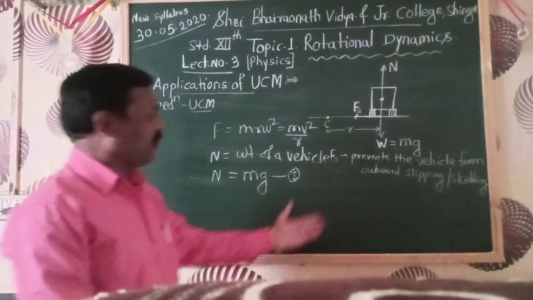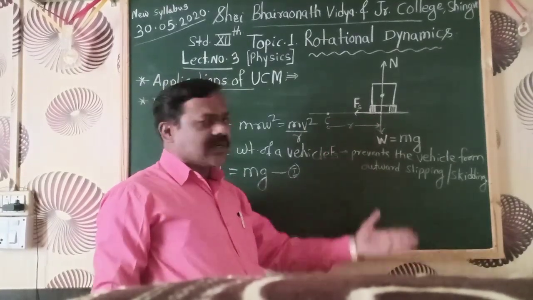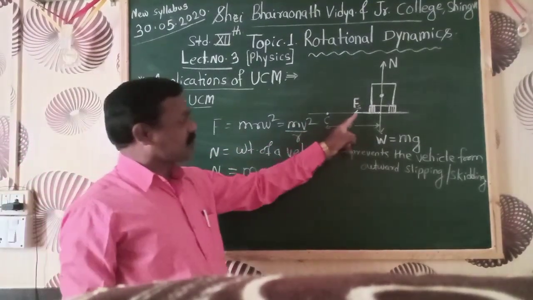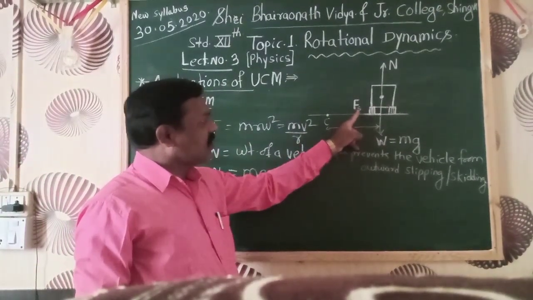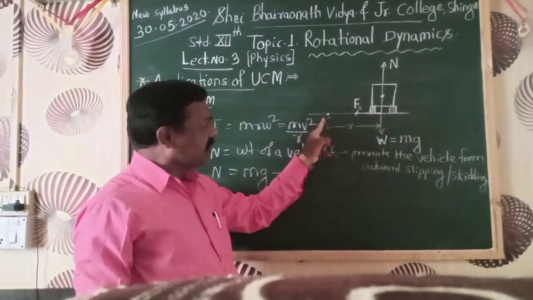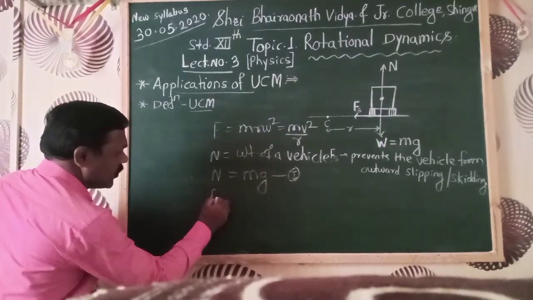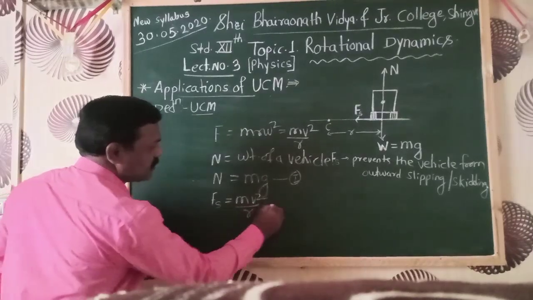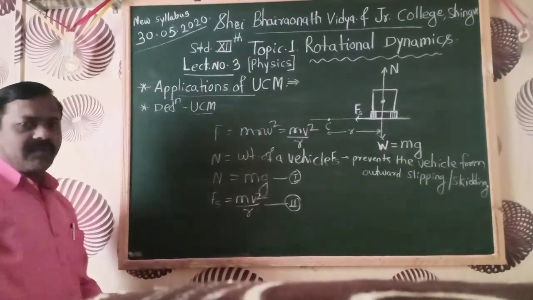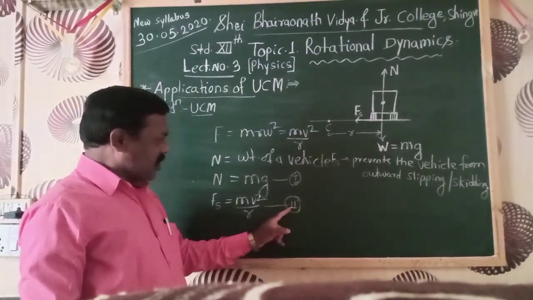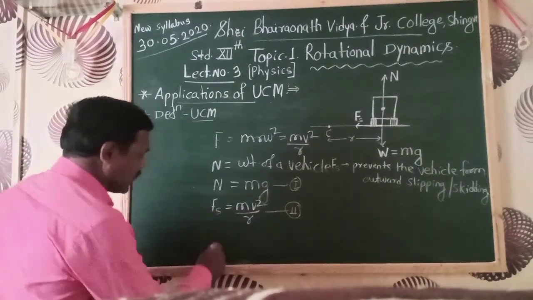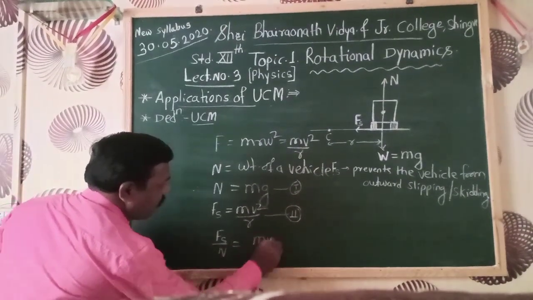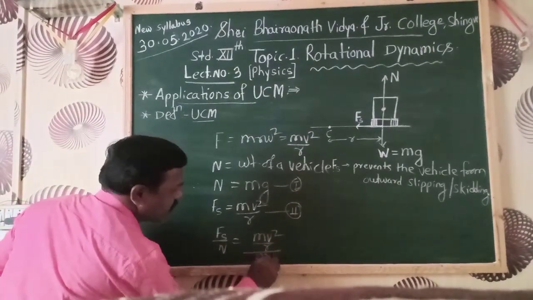During the motion of any vehicle along a given horizontal circular track, the other force, the centripetal force, which is the static force of friction directed towards the center, Fs equal to the centripetal force, is equal to m v square by r. This is relation number 2. Then dividing equation 2 by 1, we get Fs upon N equal to m v square by r divided by mg.